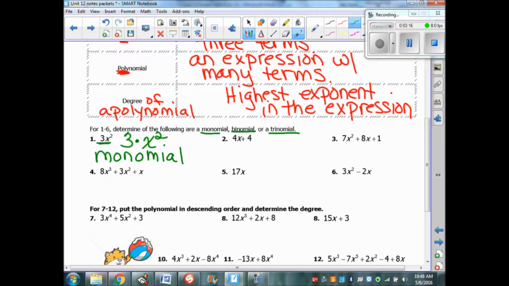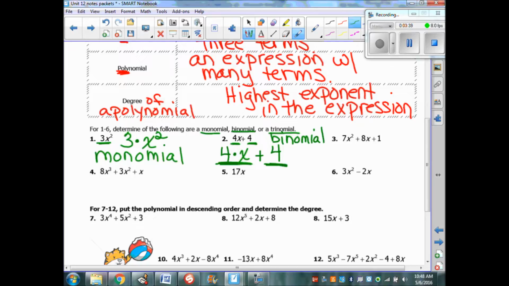And number two, we've got a 4x plus a 4. So it's 4 times x, so that multiplication still indicates one term there, plus the 4. Because we have a plus sign, we have two terms. That's going to be a binomial.